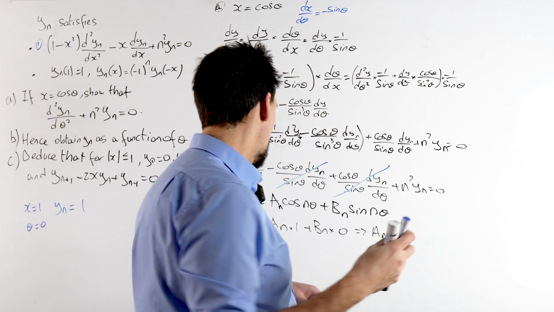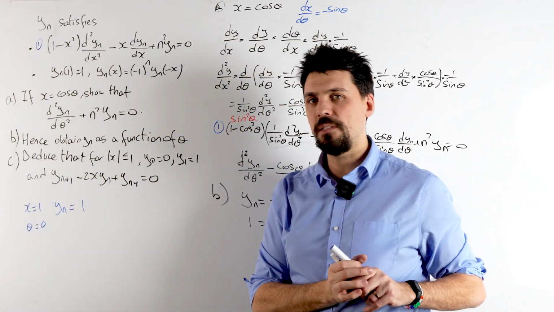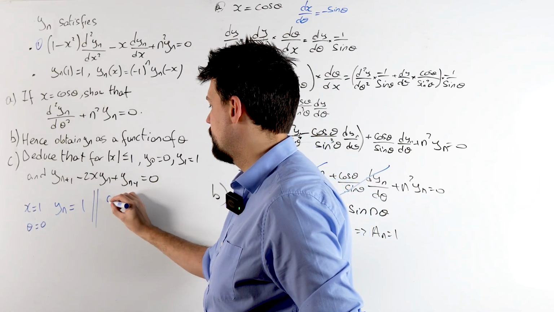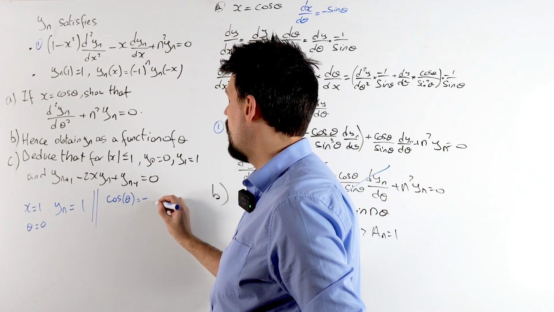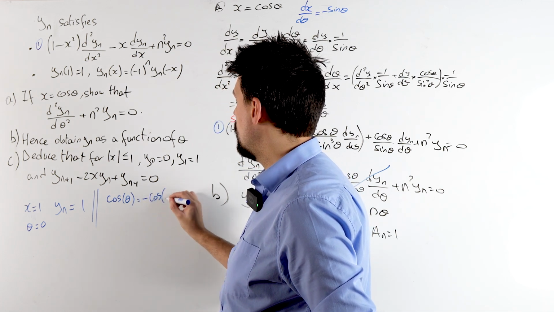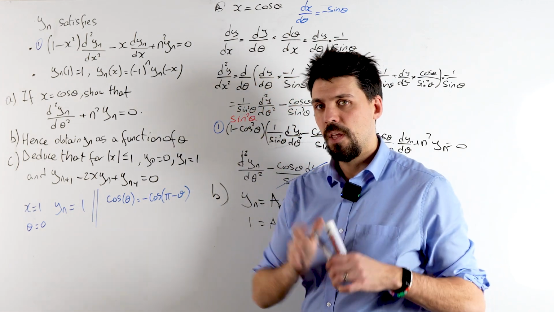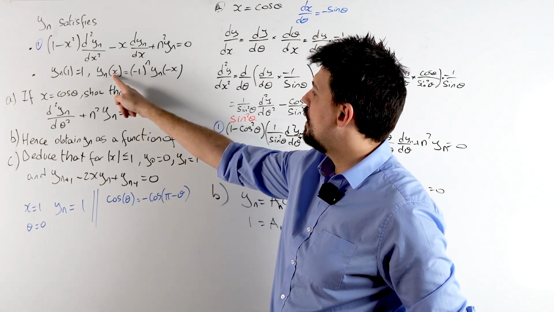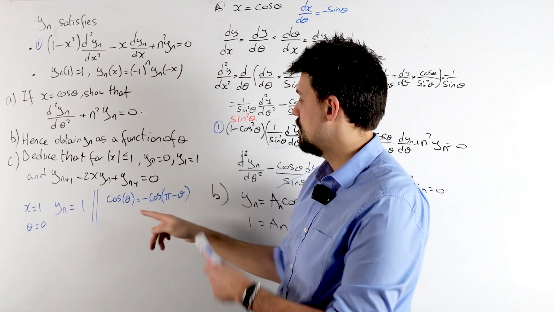Smashing. Now bₙ is a little bit more tricky. We need to figure that one out. What we do know is that cos θ is minus cos of π minus θ. Now, why does that interest me? Well, because this condition is in terms of x and minus x.